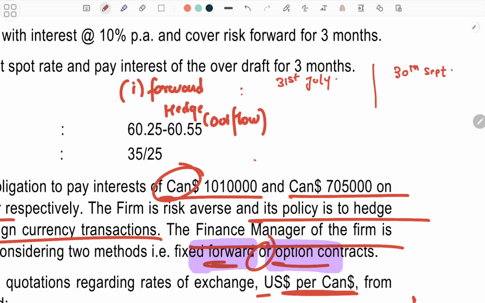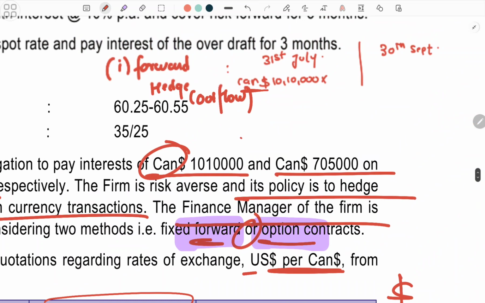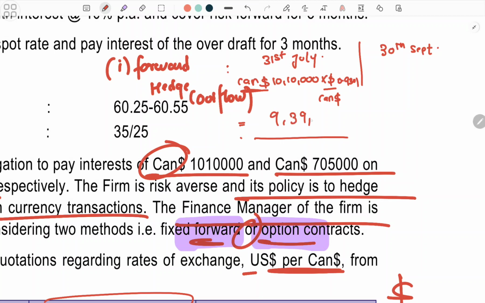So here the outflow is 10,10,000, not dollar, Canadian dollar. It's a Canadian dollar exposure. The quote is also Canadian dollar. 1 month forward, what is the quote? 0.9301. So into dollar by Canadian dollar, 0.9301, which comes up to 9,39,401 dollars.